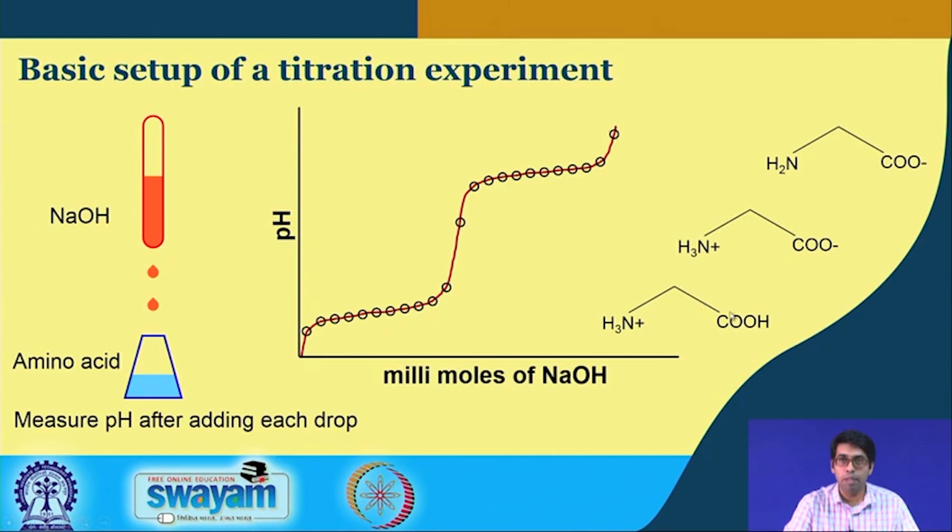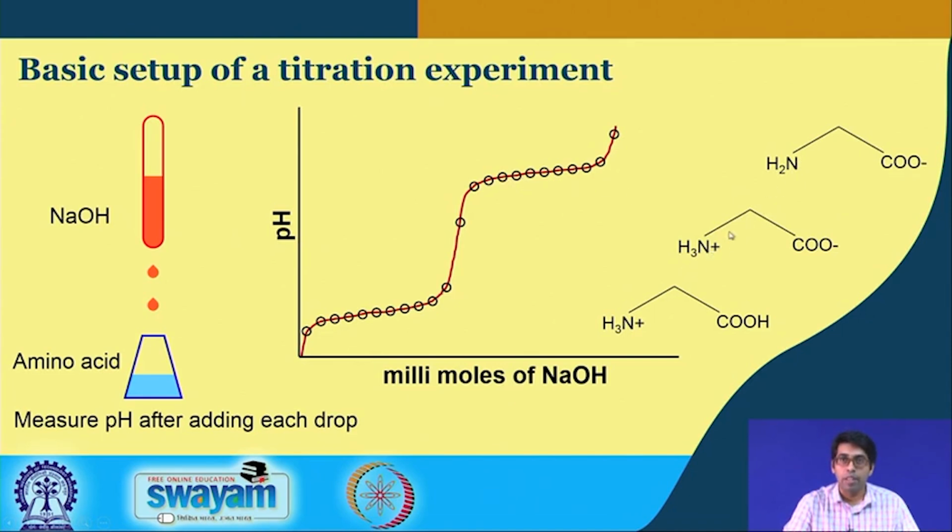That pKa value will be for the ionization of this carboxylic group. So, that will be your pKa 1. Then the pH suddenly jumps and again we have another straight line, and here this second group is getting titrated.